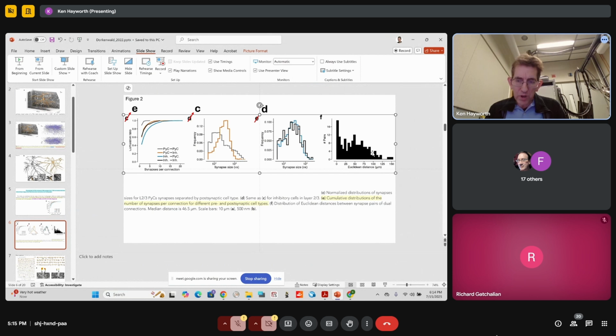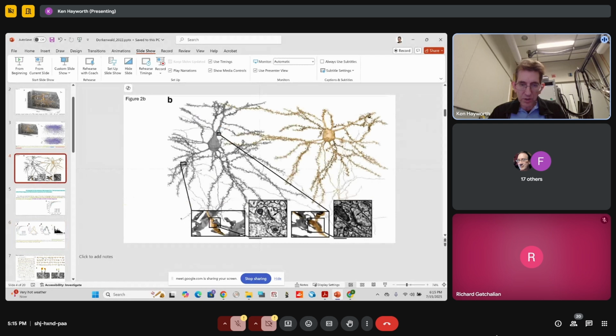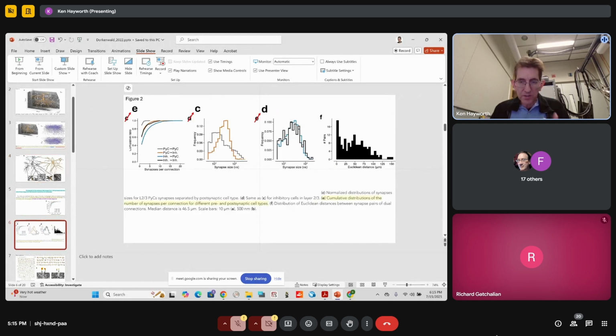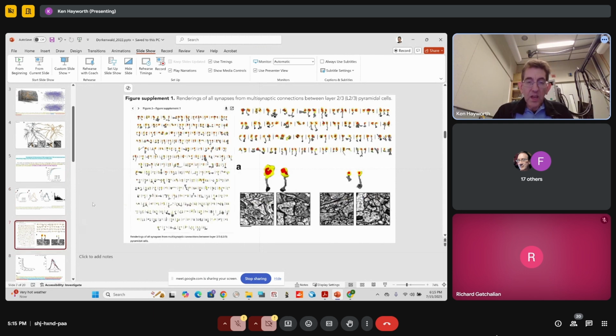But you can see there's quite a tail here where these two axons are quite separated, like the one that I showed up here. So they've got a lot of statistics both on very close synapse pairs and very far synapse pairs that have the same pre- and postsynaptic cells. And they'll make use of that later.